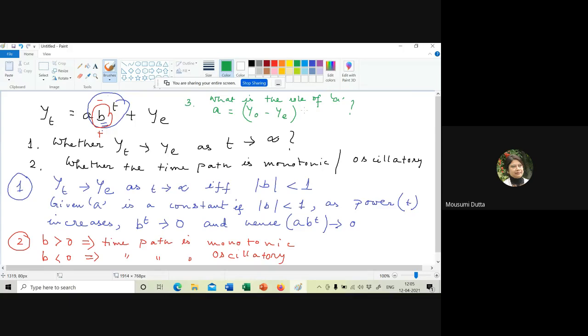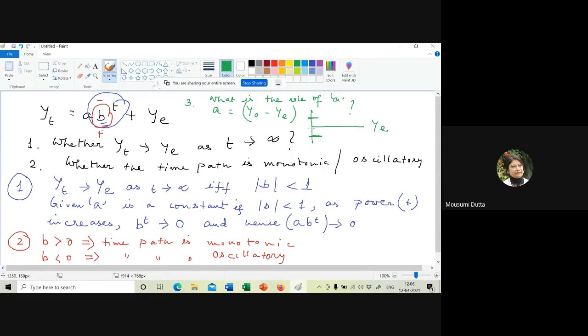So if I consider this to be, say, Y, be it an oscillatory path or a monotonic path, I should have a starting point. So if A is Y naught minus YE, actually A is determining this kind of starting point.